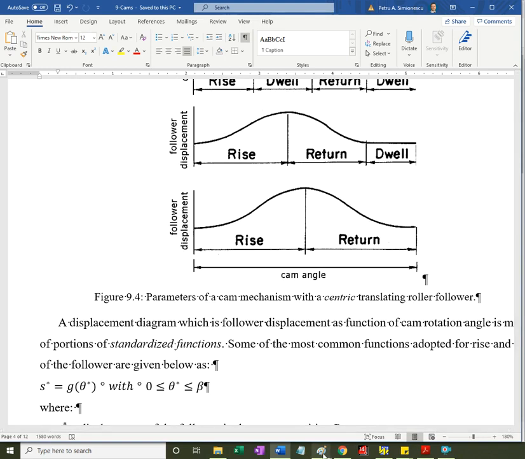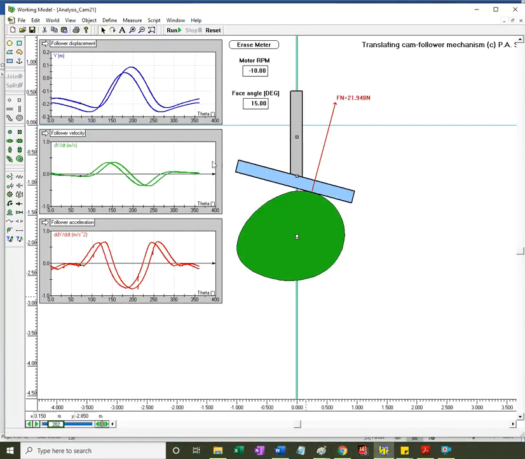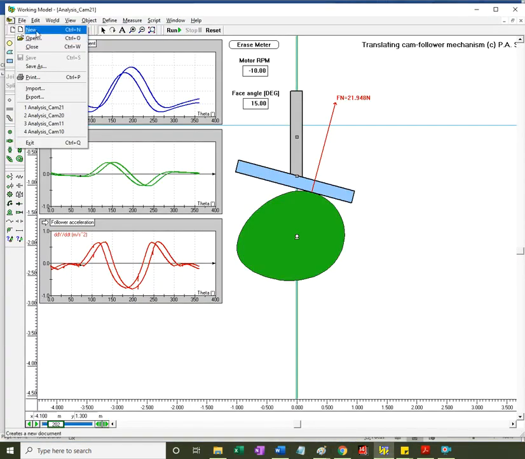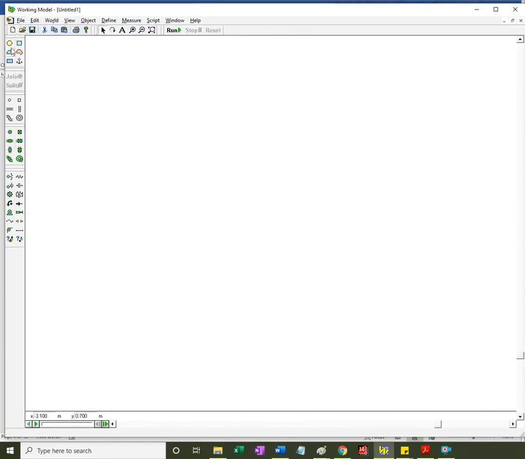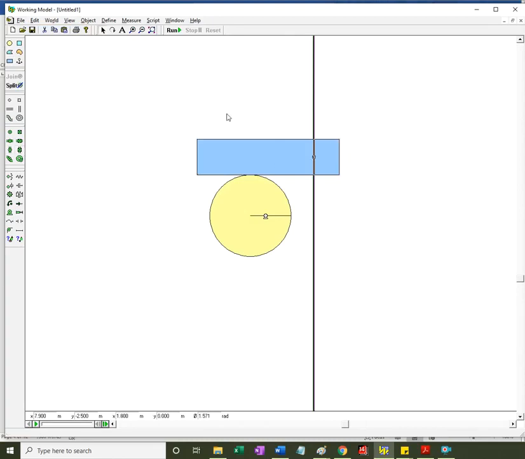The eccentric cam that we looked at on other occasions.